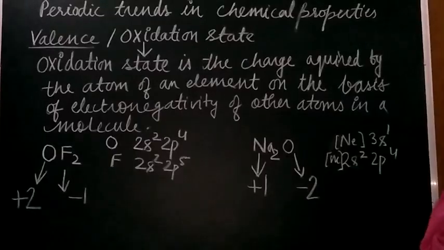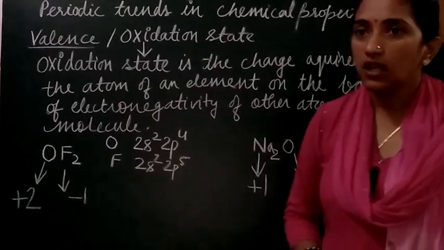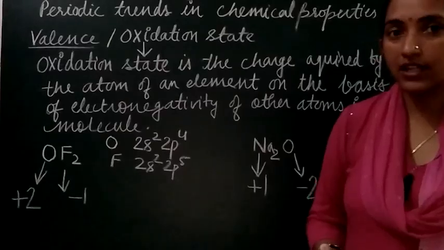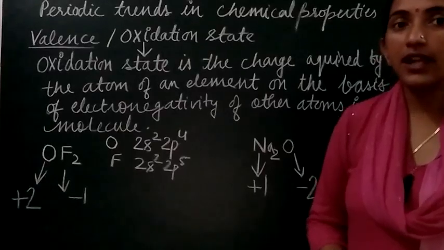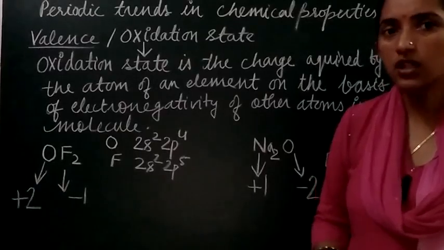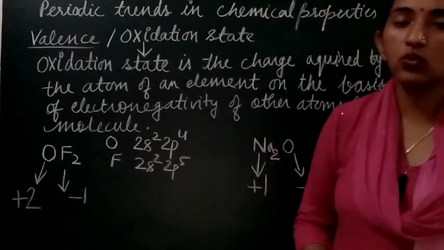Now the s block and the p block elements generally show a valency which is generally fixed, and if there is any variation, maximum it can show 2 or 3.